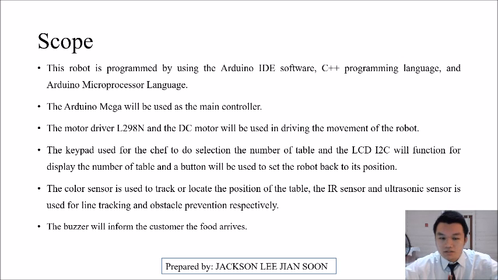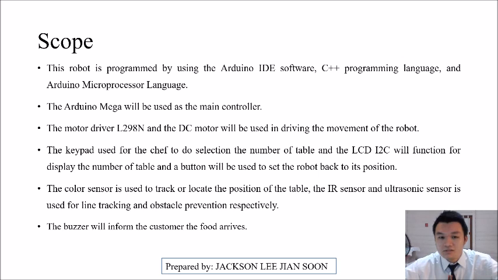The keypad is used to select the table number, while the LCD I2C is used to display statements. The button is used to call or set the robot back to its original position.